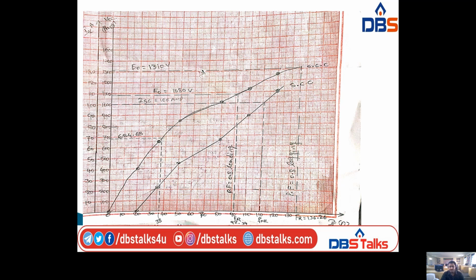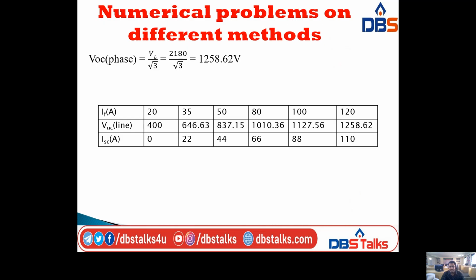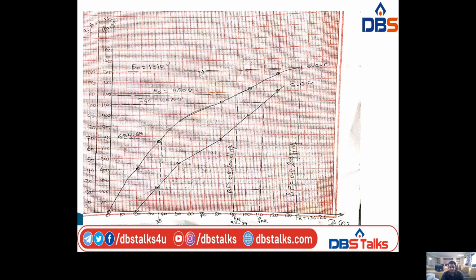At 20 amperes of field current, the phase voltage is 400 volts. Here, not 0, it is at 20. The value is 400. That is the first point.